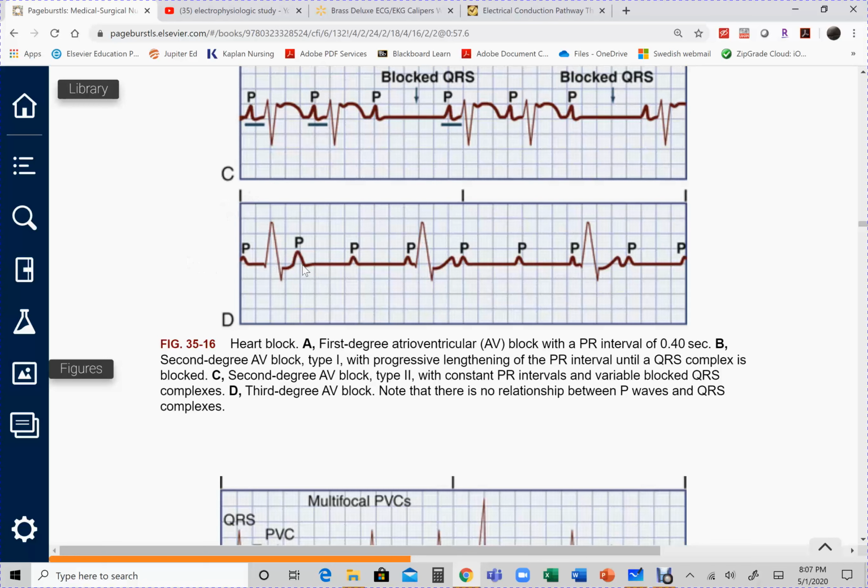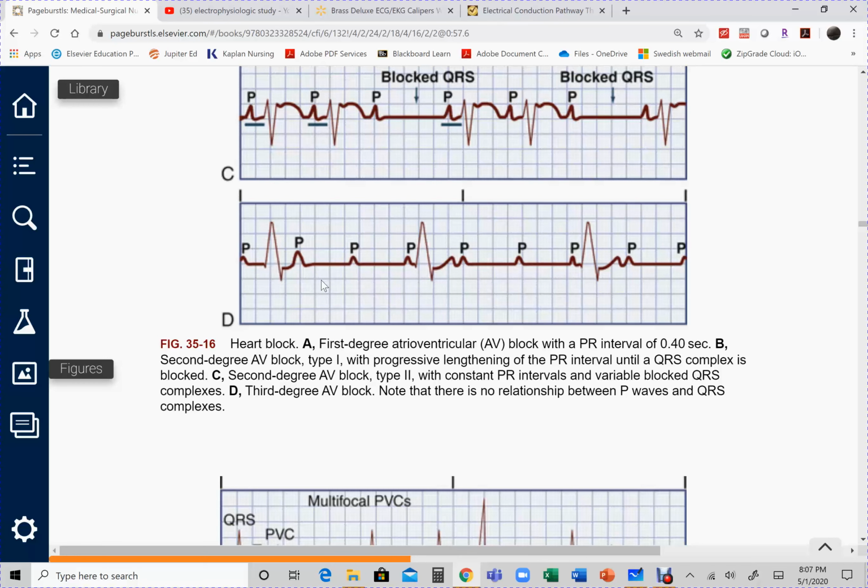As you can see here, there are P waves, so you know that the SA node is firing, and the PR interval, whenever there's a QRS, is also normal. If you count the atrial rate, this is about 60. However, if you look at the ventricular rate, it's considerably lower.